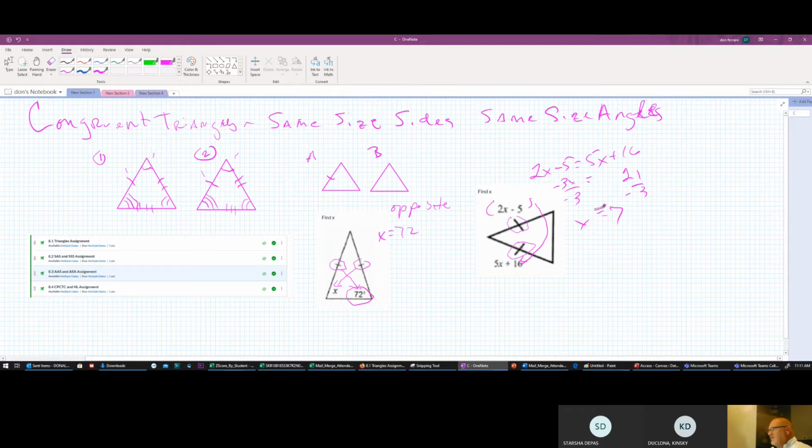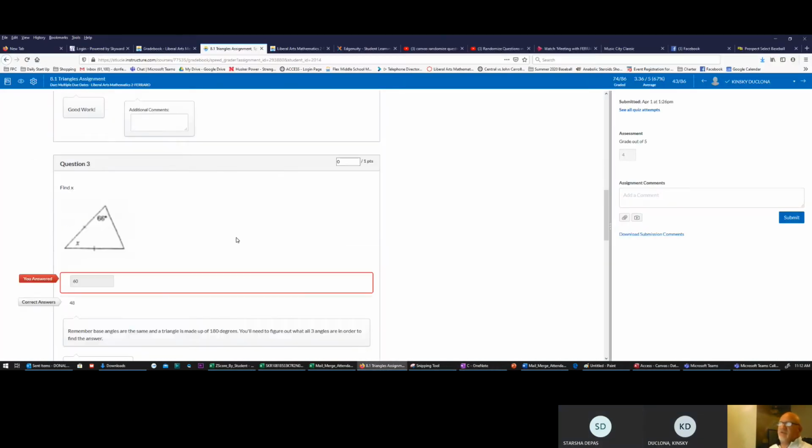It's negative 7, right? Because 21 divided by negative 3. So that's how we set that problem up. Make sense? Yeah. So when we're looking to find x, in that case, we know that they are congruent. So we're just going to set the equations up to each other.